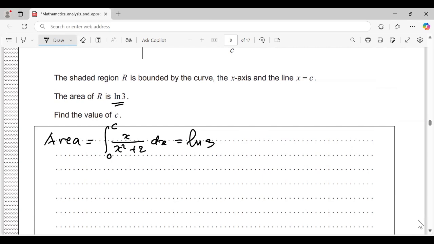Next, I will find the integral of this function first. So let u equal x squared plus 2. So du equals 2x dx, and 1/2 du equals x dx.